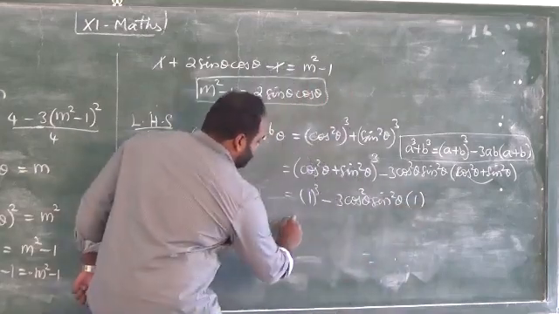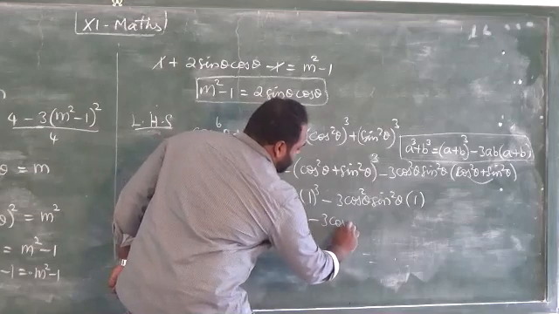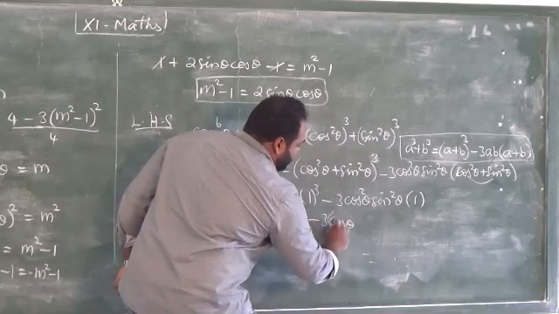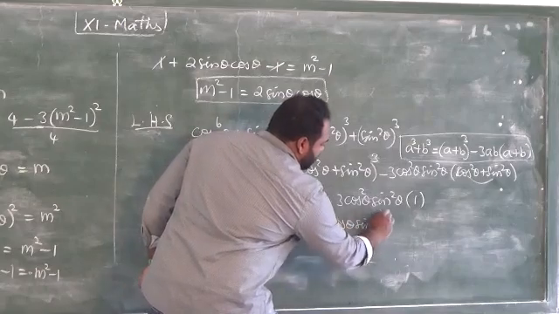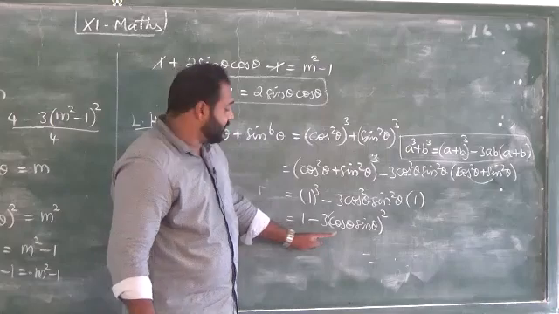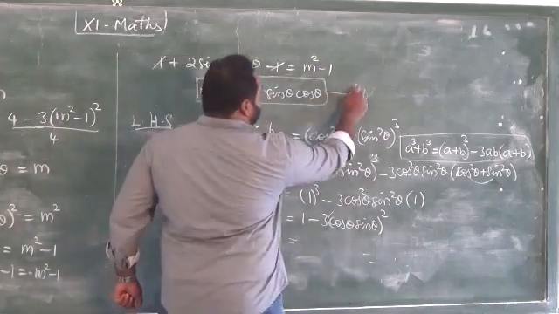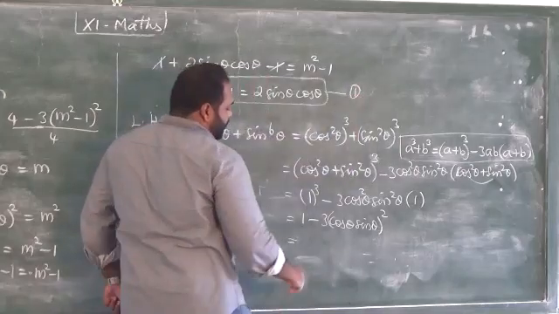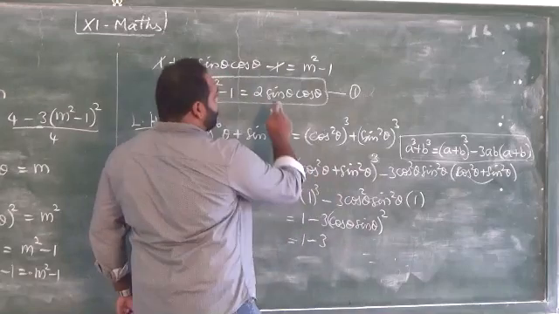So finally we are getting 1 minus 3 (cos theta sin theta) whole square. Here I am just taking the square for cos theta and sin theta. So in the next step, take it as 1 minus 3 cos theta sin theta.